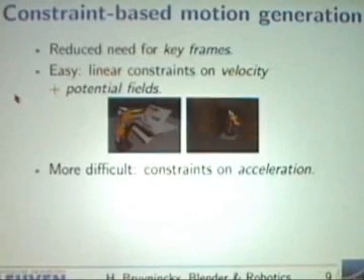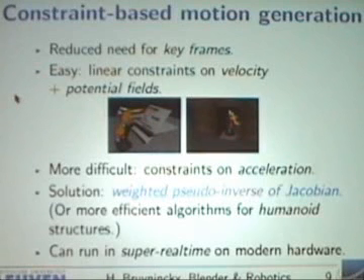It is a little bit more difficult if you go one level up to acceleration. Basically, you go to dynamics. These demos are at the kinematics level, just velocity specification. If you go to acceleration, then you get things that I showed before that you didn't know before. It can also be done. All these things are done with the weighted pseudo inverse of the Jacobian.